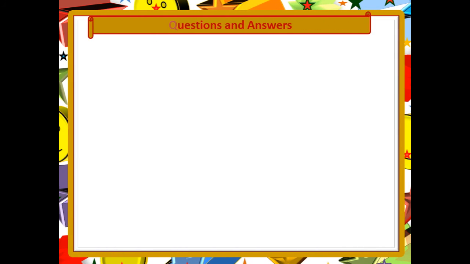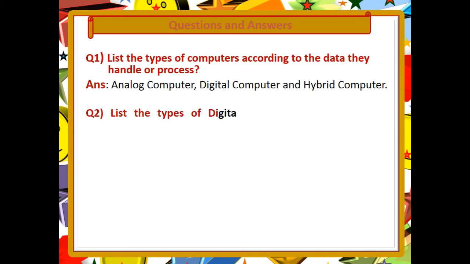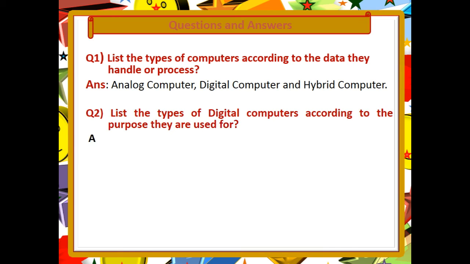Questions and answers. List the types of computers according to the data they handle or process. Analog computer, digital computer, and hybrid computer. List the types of digital computers according to the purpose they are used for. Special purpose computers and general purpose computers. Question number 3.